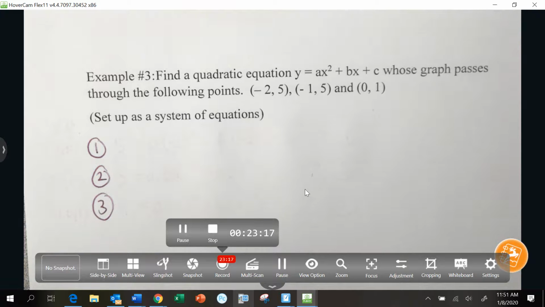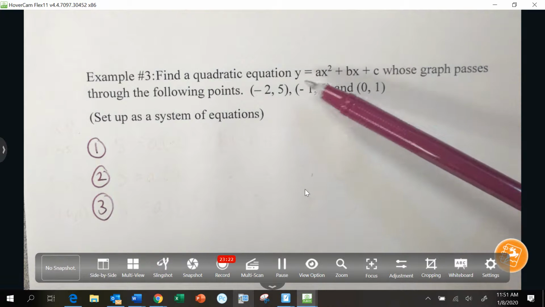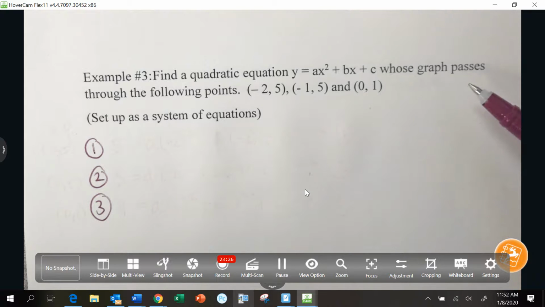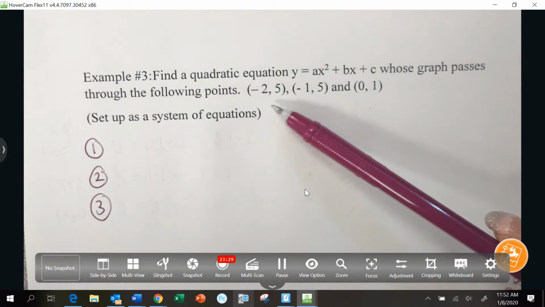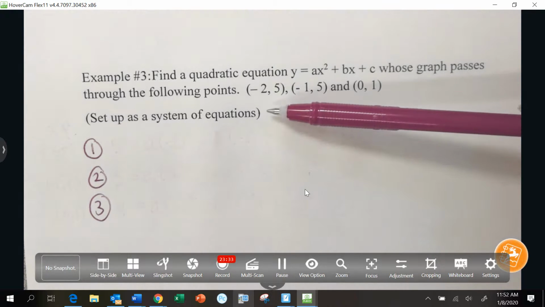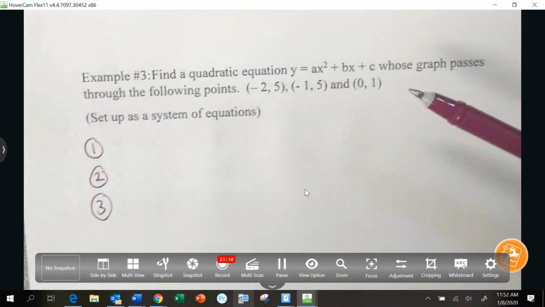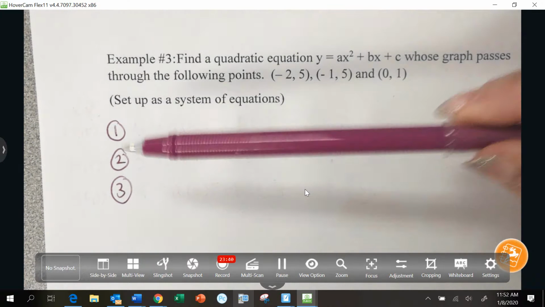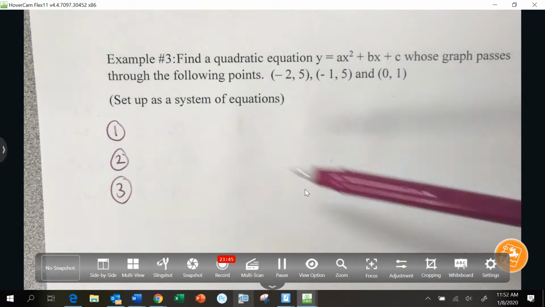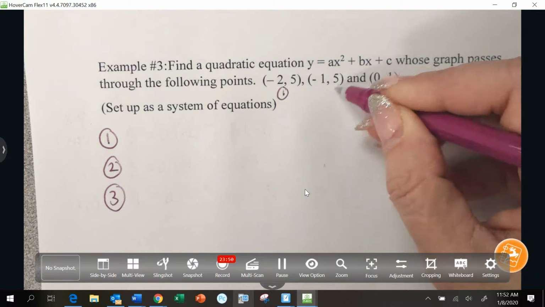Okay, for example 3, we need to find the quadratic equation in the form of y equals ax squared plus bx plus c, whose graph passes through the following points: -2, 5; -1, 5; and 0, 1. And this says set up as a system of equations. So you will have 3 separate equations for this. Looking at our information, there are 3 ordered pairs.